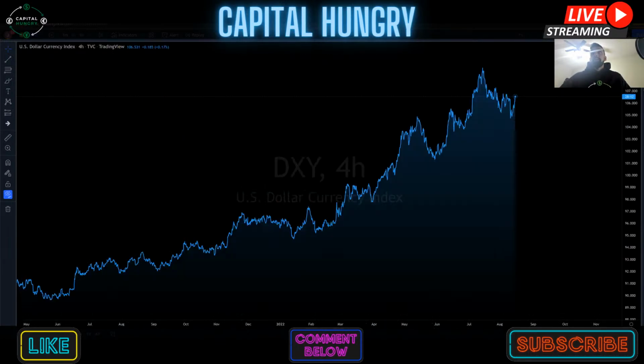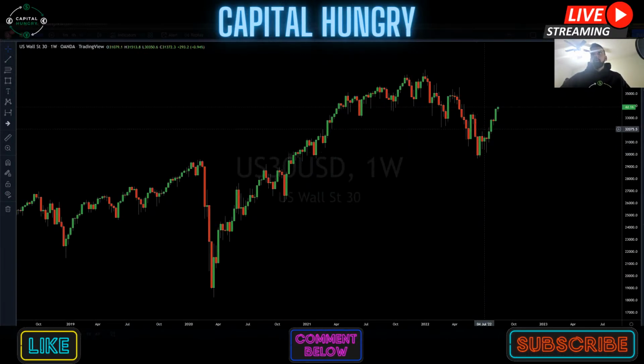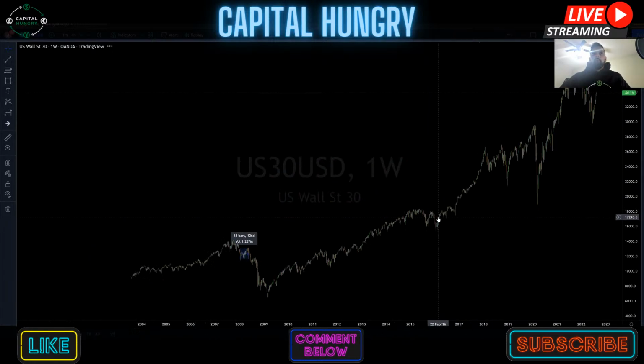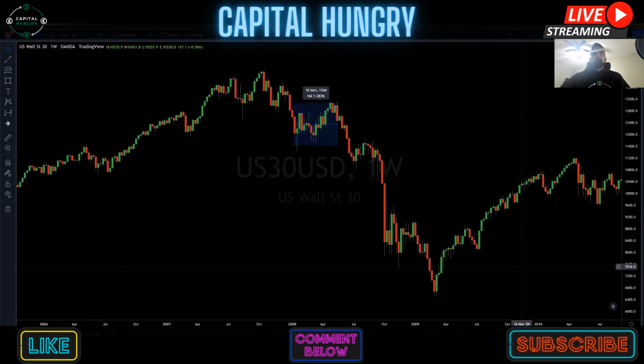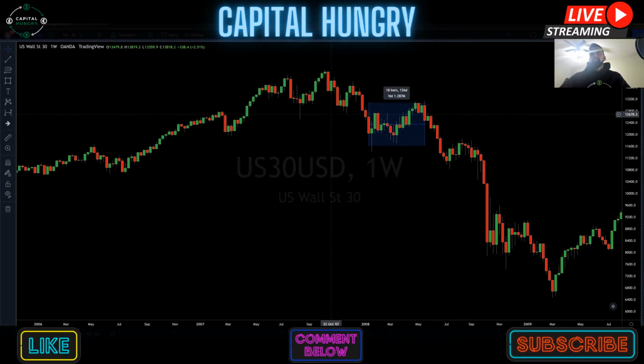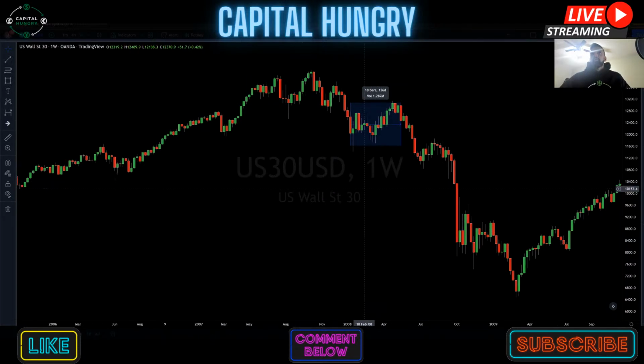You might be saying, hey Jeev, US 30 is looking pretty bullish now with the aggressive upside move it's doing here. But don't get fooled just like that. Look here. This is the bear market that occurred during the 2008 GFC financial crisis. This is US 30. You can see overall you had a double top at all-time highs at that point.